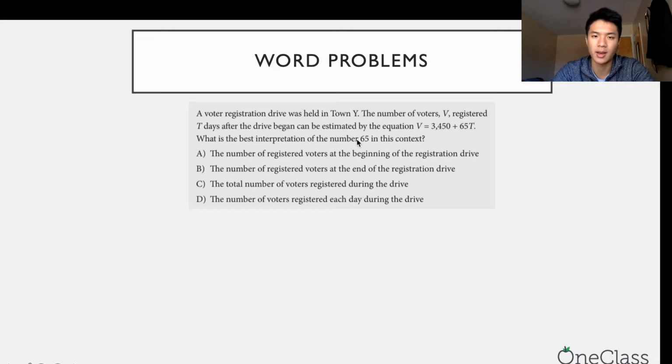We can see that it says a voter registration drive was held in town Y. The number of voters V registered T days after the drive began can be estimated by the equation V equals 3450 plus 65T. What is the best interpretation of the number 65 in this context? All the problems we've talked about today are word problems.